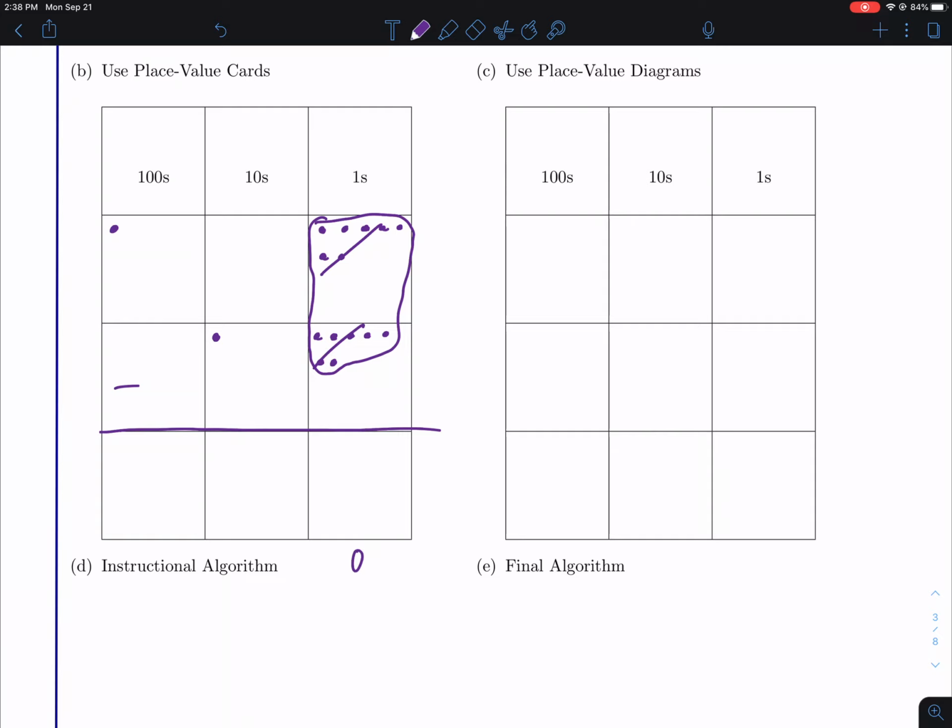So I've got to cache that 100 in and turn it into a bunch of 10s. So in this case, I'm going to get 1, 2, 3, 4, 5, 6, 7, 8, 9, 10. So there's my 10 10s, which is the same thing as 100. But now that I've actually got 10s there, it makes sense to talk about taking away 1 from those 10. So let's just circle one of those so that we can take them away.